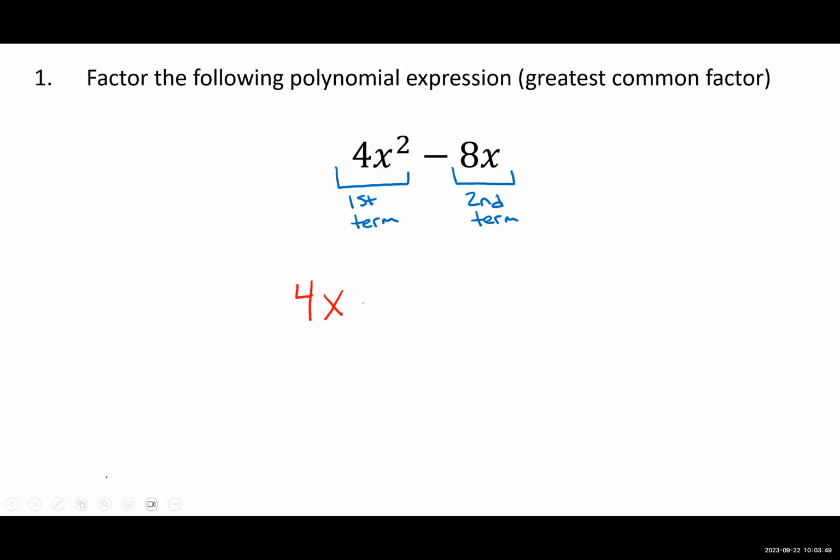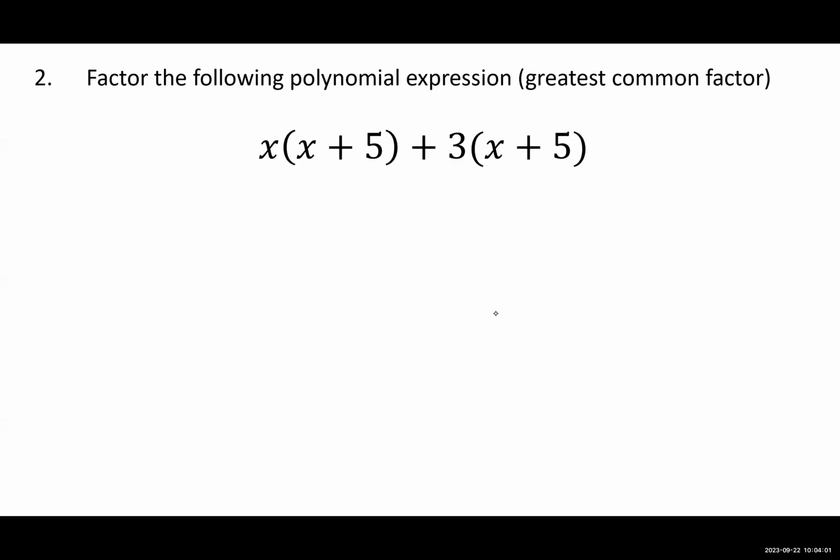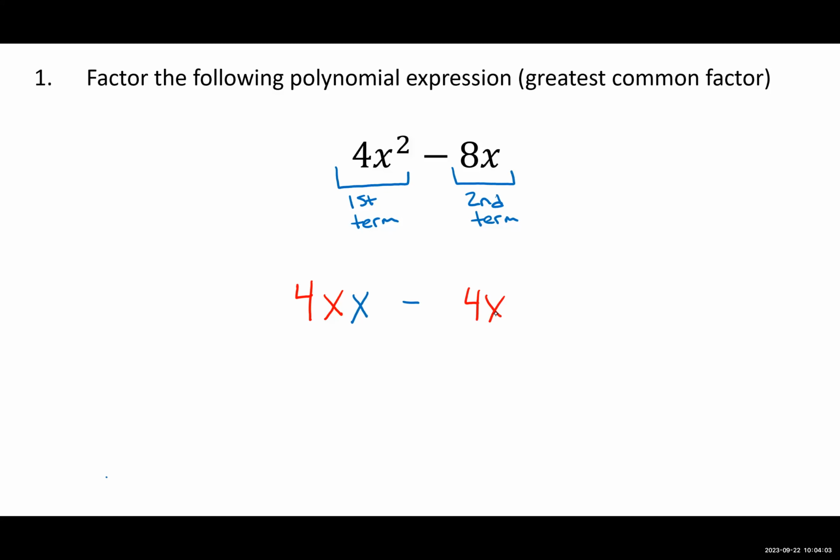So that first term is 4x times x. That second term, I'm going to use red for the common factor, is 4x times 2. All right, 4x times x is the first term, 4x times 2 is the second term. I'm writing it out like this.